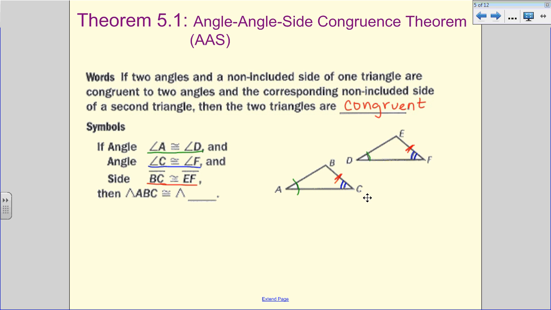It's the side that connects the two marked angles to the unmarked angle. We know then that triangle ABC is congruent to, we need to get our congruency statement, A corresponded to D, B would have corresponded to E, and then C was congruent to F, so triangle DEF.